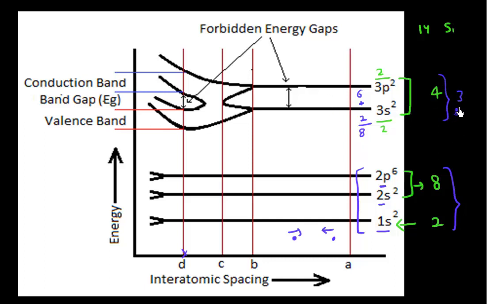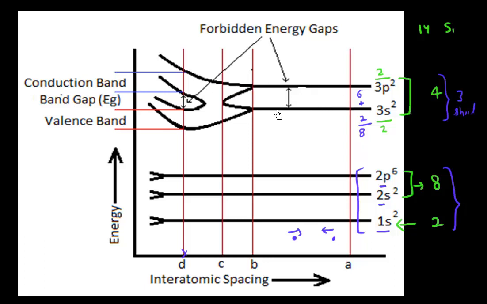What we see over here is that when you start to bring these atoms close to each other, the states in these individual orbitals start to split up and form continuous bands.